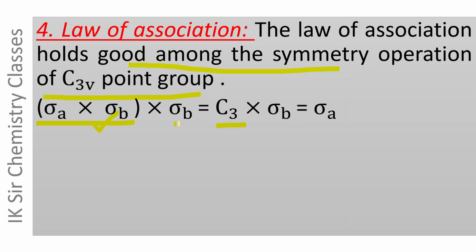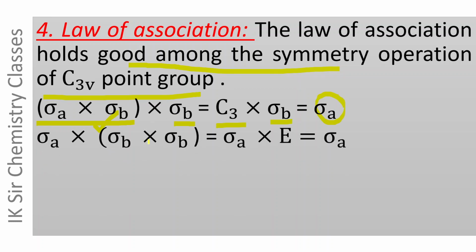Then C3 is multiplied by sigma B and the net result is sigma A. Let us now first of all multiply sigma B and sigma B together. Their product is E, which is multiplied by sigma A thereafter, and the net result is also sigma A.